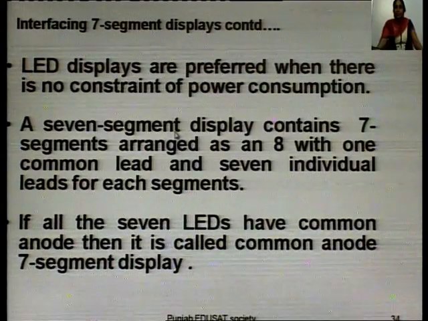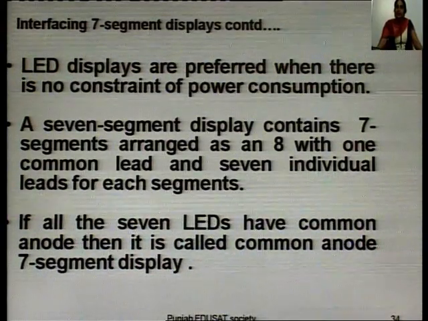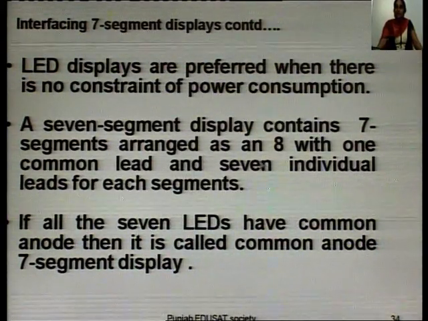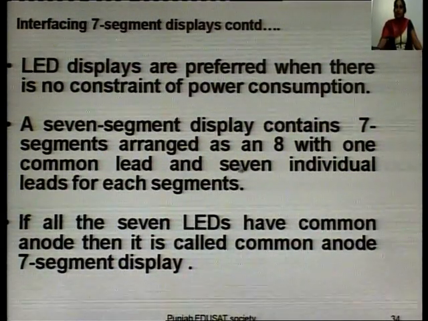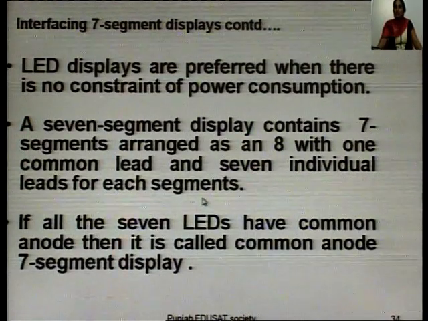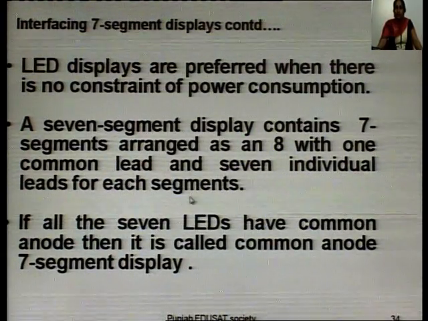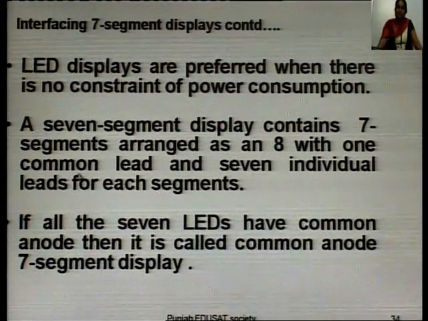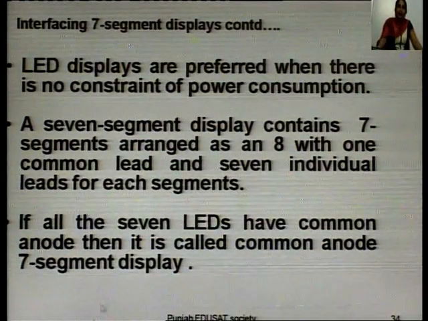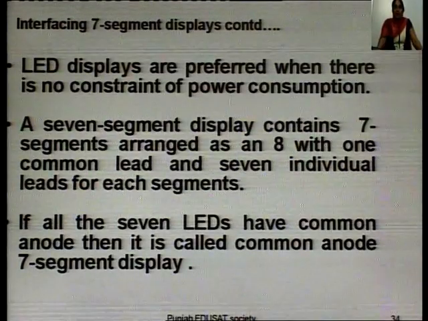A 7-segment display contains 7 segments arranged as an 8 with one common lead and 7 individual leads for each segment. These 7-segment displays can be of two types, that is common anode type and common cathode type.